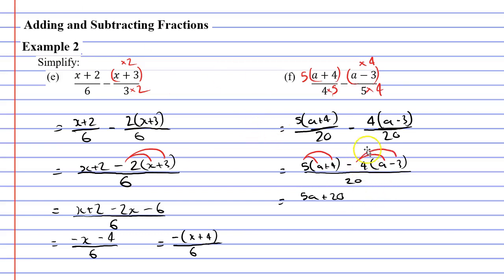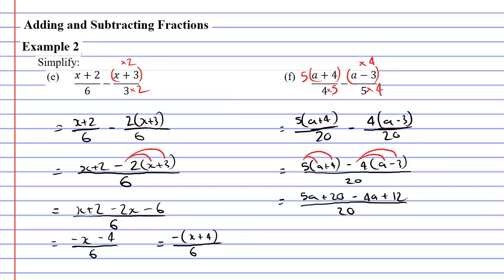So minus 4 times a is minus 4a. Very important that you don't ignore that minus sign. And minus 4 times minus 3 gives me plus 12. You can see how easy it is for someone to have written minus 12 here by mistake. Anyway, this is all over 20 still.